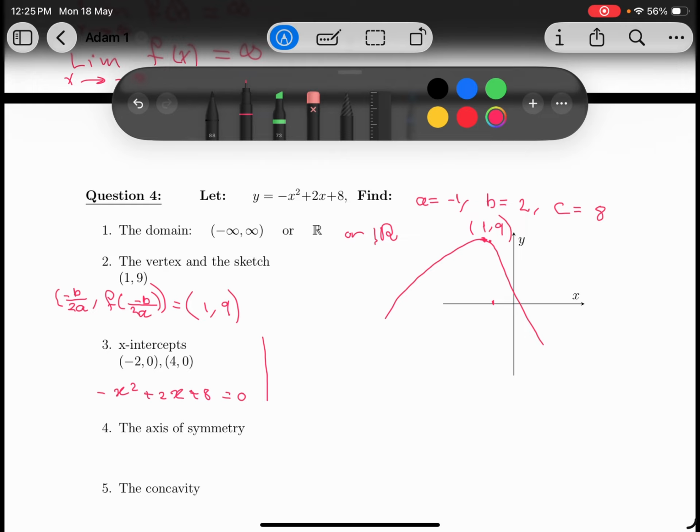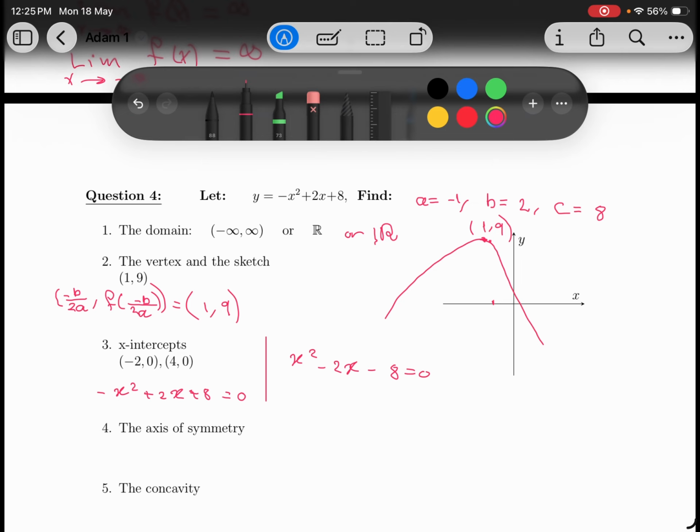And I think, guys, as we agreed before, when it equals 0 and I don't like this minus, we can divide each and every single term by minus. If you divide by minus, it will be x squared minus 2x minus 8, yes, equals 0.